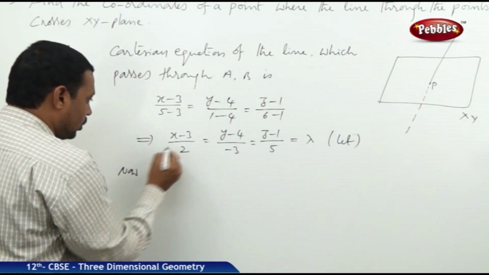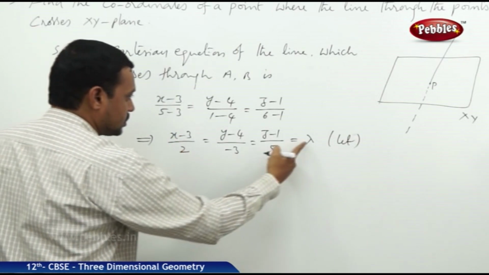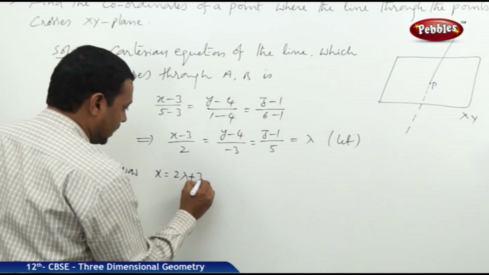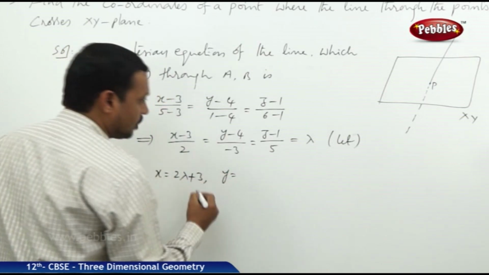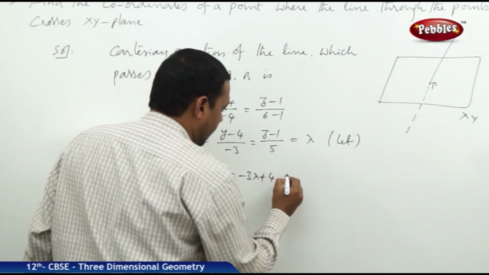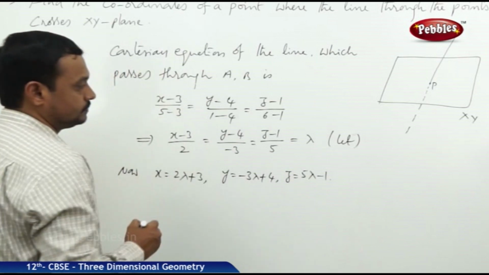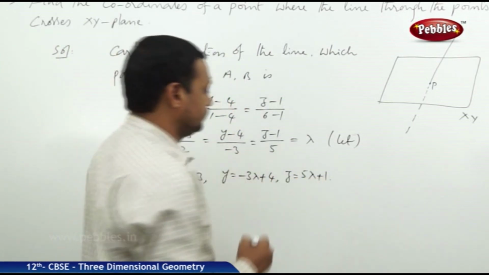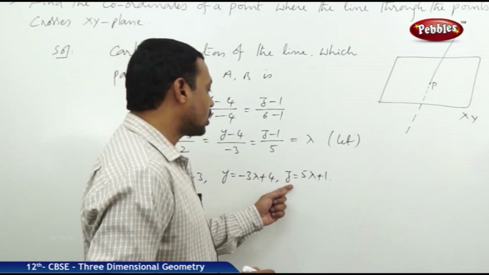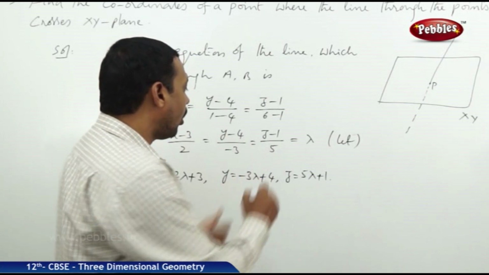Now x is what? (x minus 3)/2 equals lambda. From that, x equals 2 lambda plus 3, y equals minus 3 lambda plus 4, and z equals 5 lambda plus 1. Here x, y, z are the coordinates of a point P on this line.